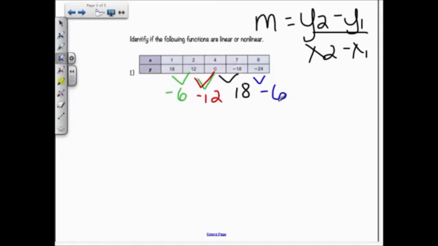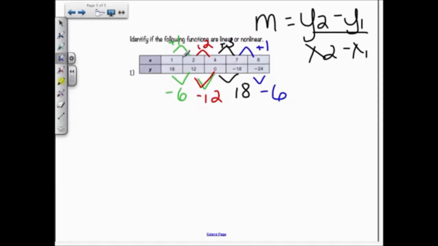I'm going to do the same thing for my x values. These x values are increasing by 1. These x values right here are increasing by 2. These x values right here are increasing by 3. And these x values right here are increasing by 1 from 7 to 8.